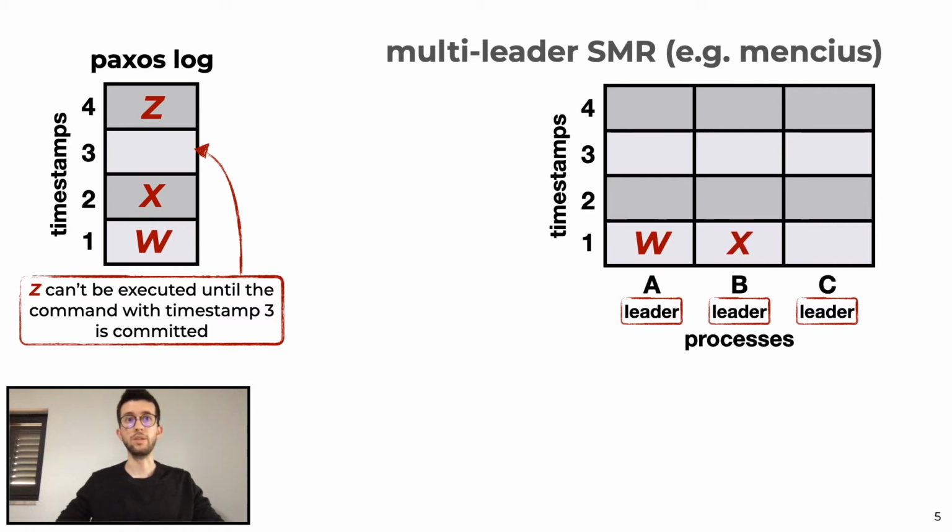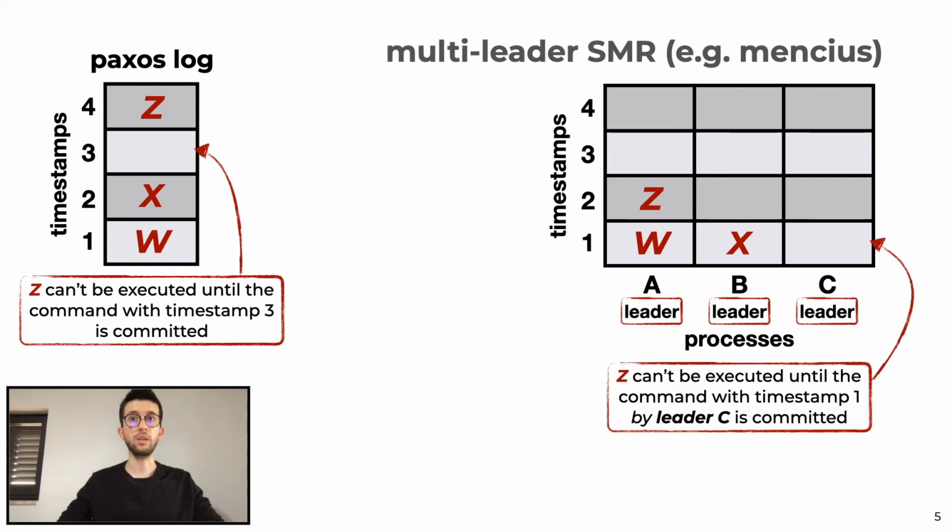If the replica then sees command X by leader B, also committed with timestamp 1, it can also execute it as the command with timestamp 1 by leader A is already executed. However, if it sees command Z by leader A committed with timestamp 2, it can't execute it until it receives the command by leader C committed with timestamp 1.